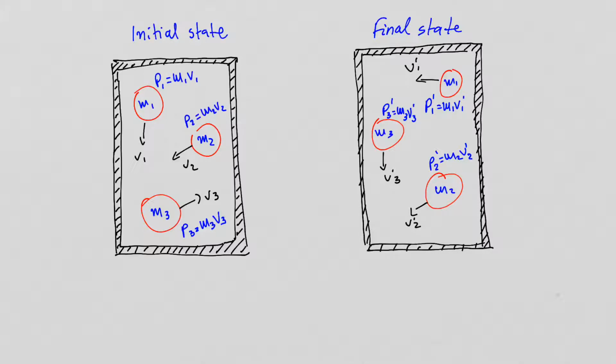So in general, these momenta here are different than the momenta at the initial state. What the principle of conservation of linear momentum says is that the total momentum of the system in the initial state is equal to the total momentum of the system in the final state.